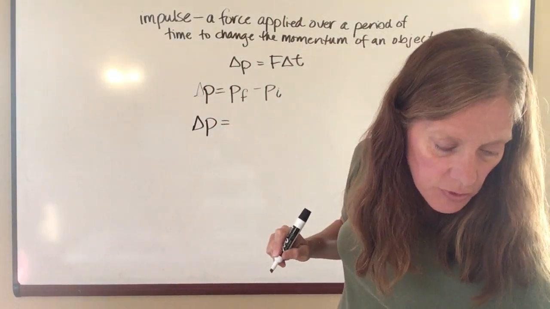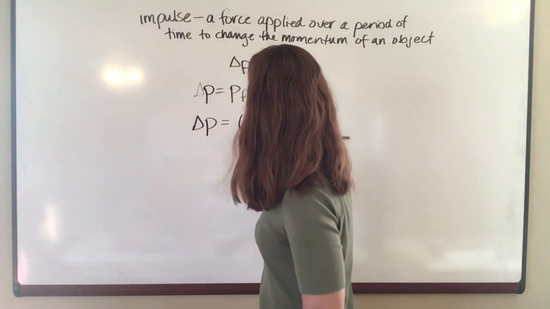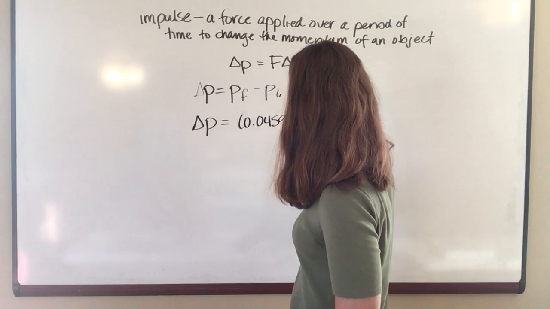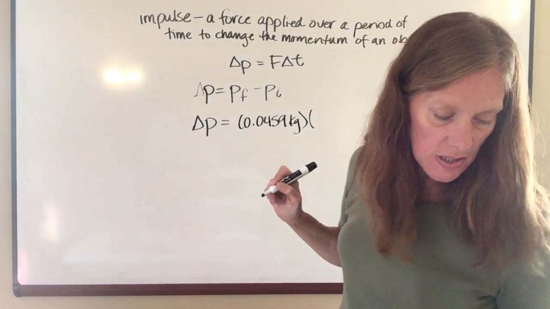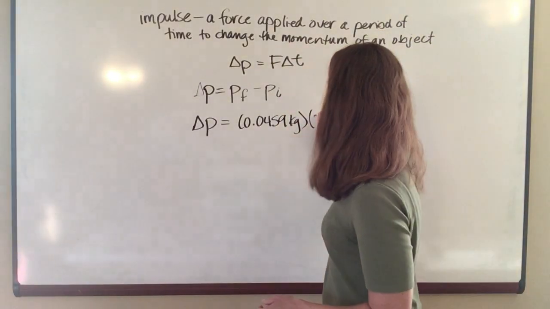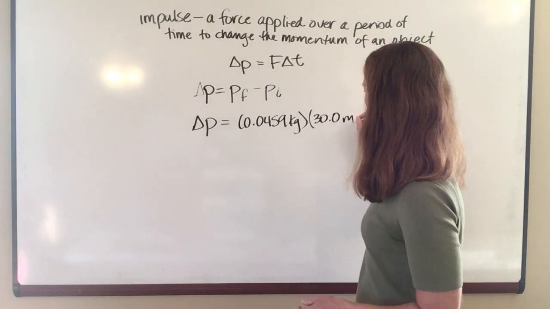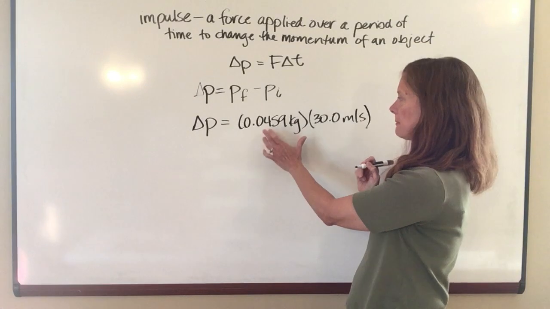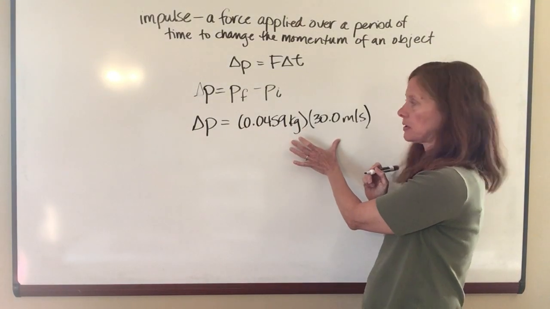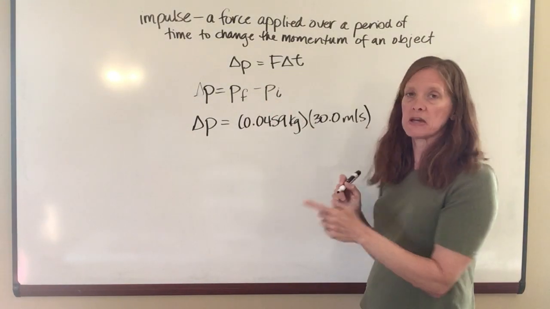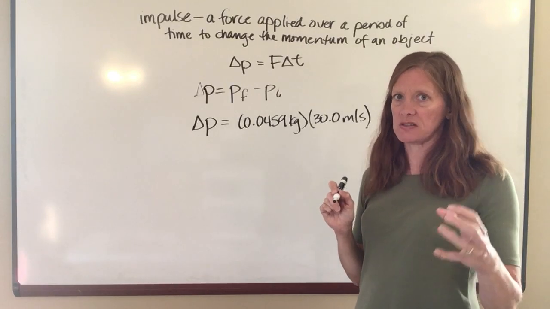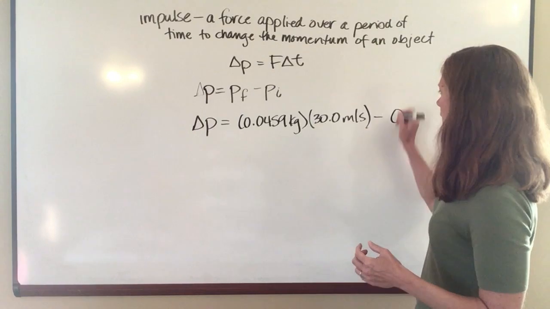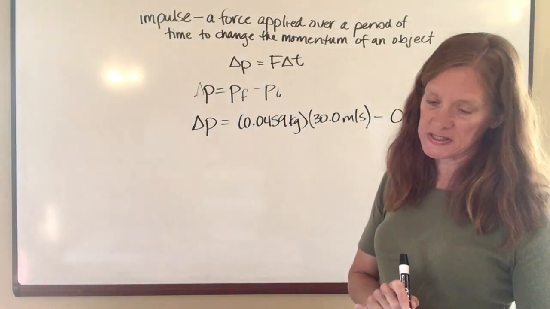So the mass of the ball is 0.0459 kilograms. And it tells us that the velocity is going to be 30.0 meters per second. Okay, so that's the final momentum. My mass times my velocity is momentum. And the initial momentum, since the ball wasn't moving, there was not any initial momentum. And so that initial momentum is 0.